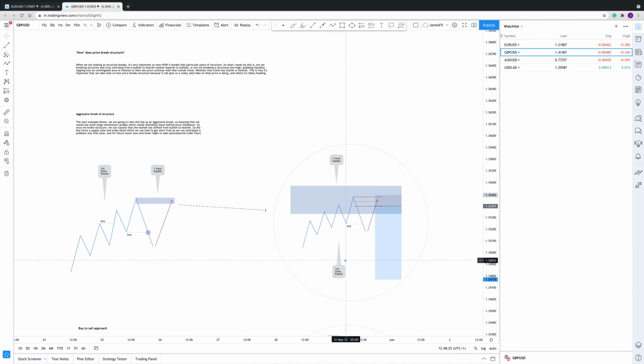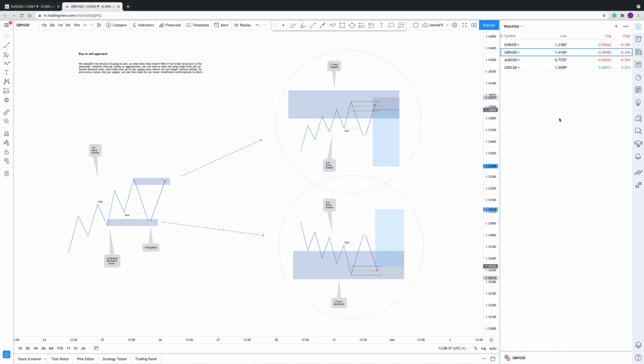And the same goes for targets. At a minimum, as we've switched our bias from bullish to bearish, we want to be looking for price to put in hourly lower lows and lower highs. So this would be the most recent low. We want to see price take out this low. This is a good place to target, a very first target at a minimum.